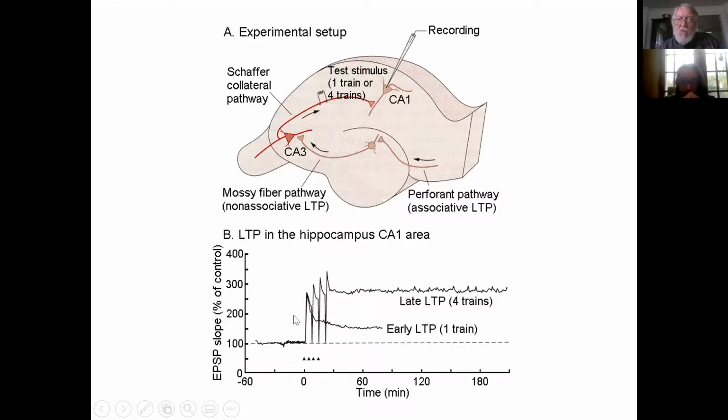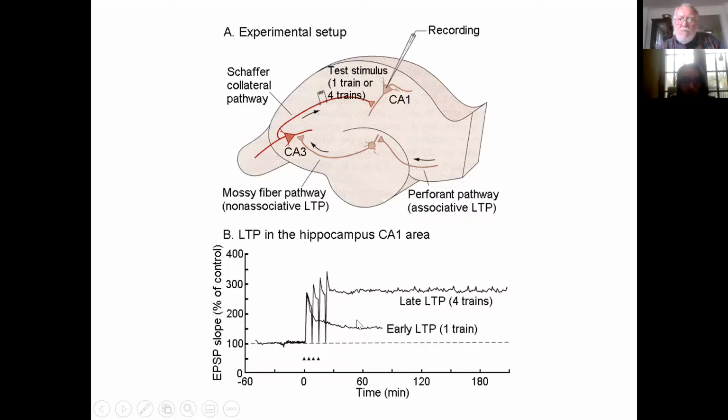But now you can do this stimulation not one time, but 4 times. And by the 4th time, notice that the peak is now higher. It's also later, but the activity has now changed.